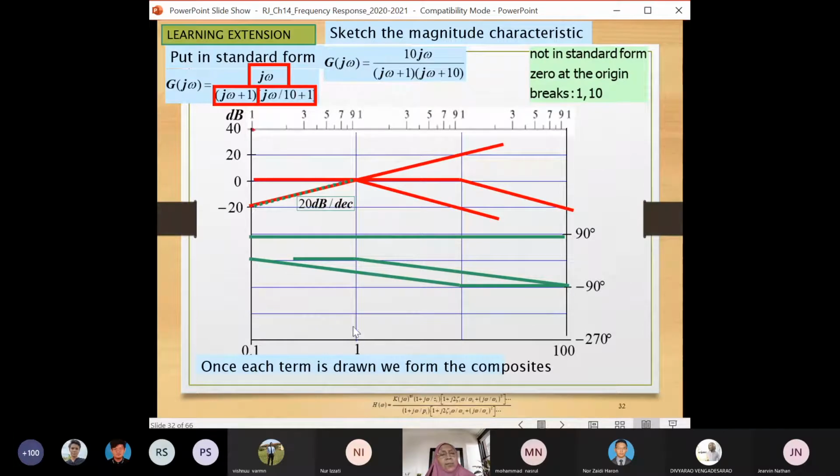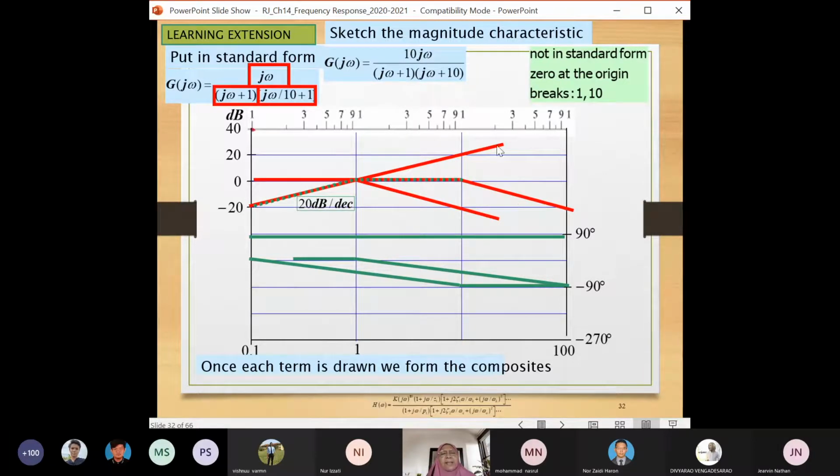But from 1 until 10, you have 3 parts. One rising, one falling, same slope. This is rising 20 dB per decade. This is falling 20 dB per decade, plus 0 slope. So when you combine all 3, you will get 0 slope. So at this part, the magnitude plot becomes flat.